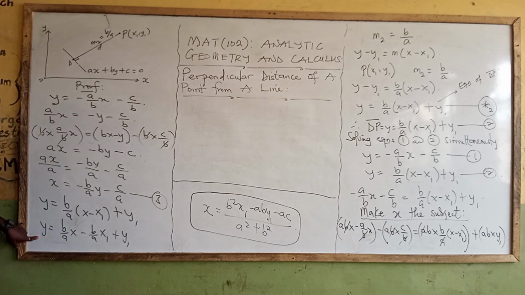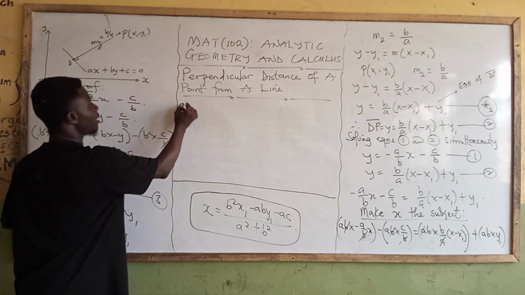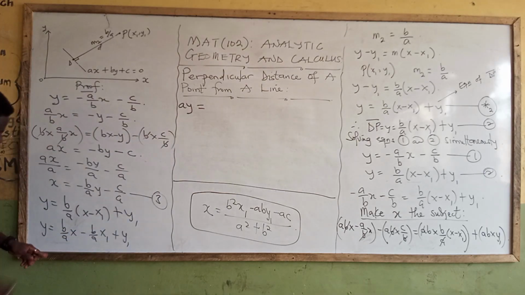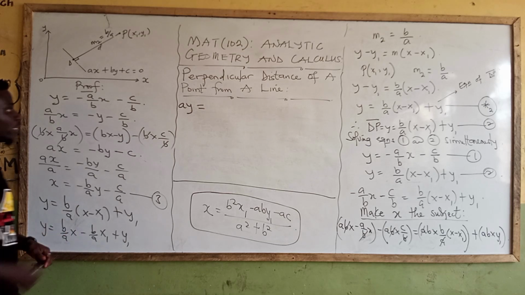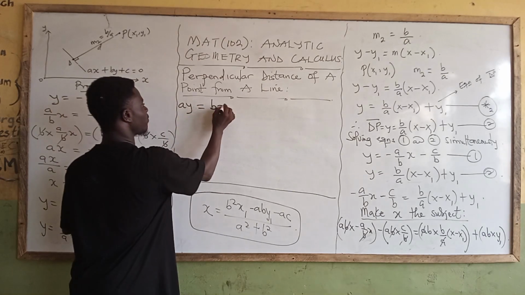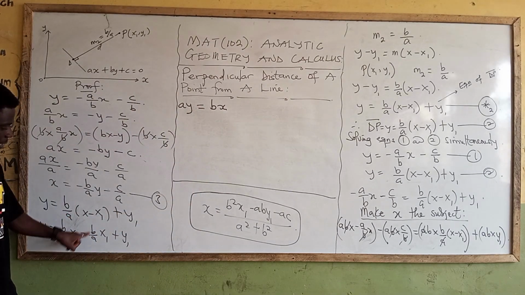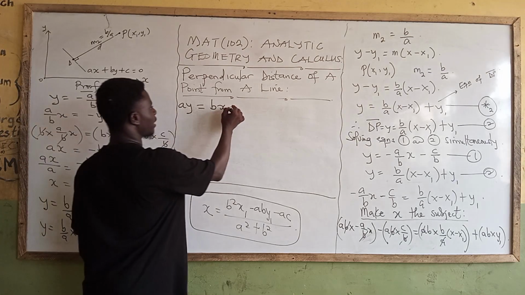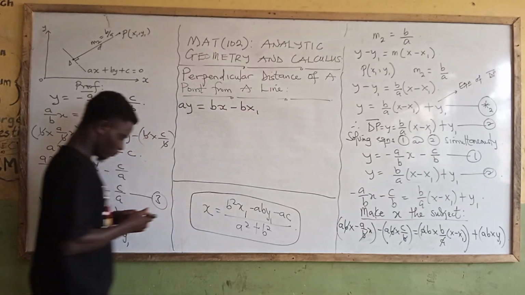So I get a times y, we get ay, which is equal to, when I multiply a by this b over a, we can see that a cancels, then we obtain bx. So I have my bx. Then when I multiply a by this guy to get negative bx1, so I get negative bx1.